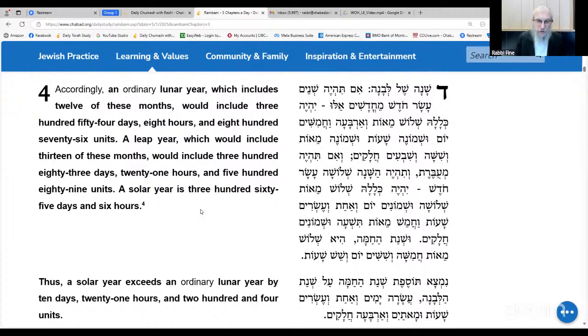Accordingly, an ordinary lunar year, which includes 12 of these months, would include 354 days, 8 hours, and 876 units, compared to 355.